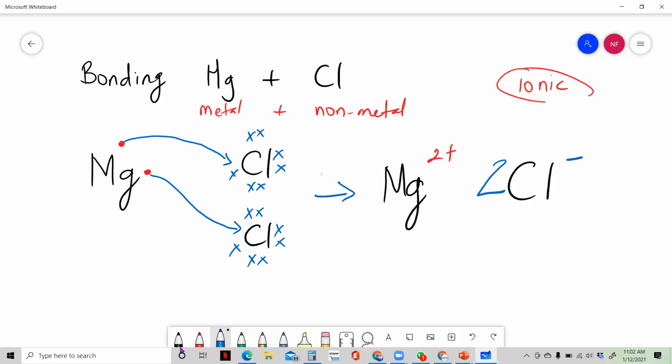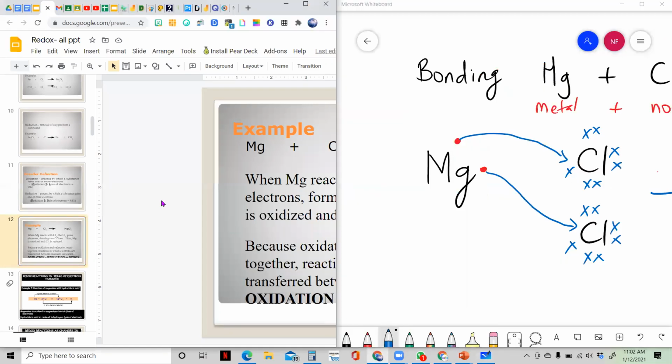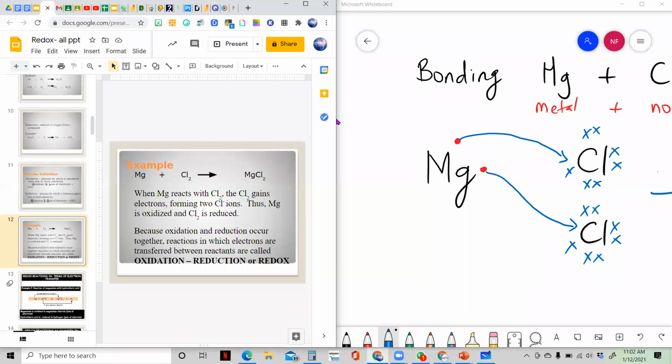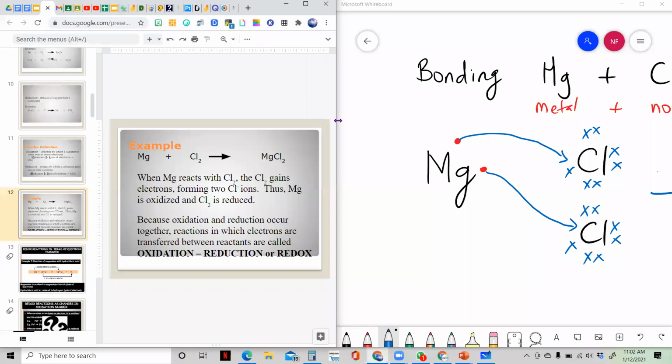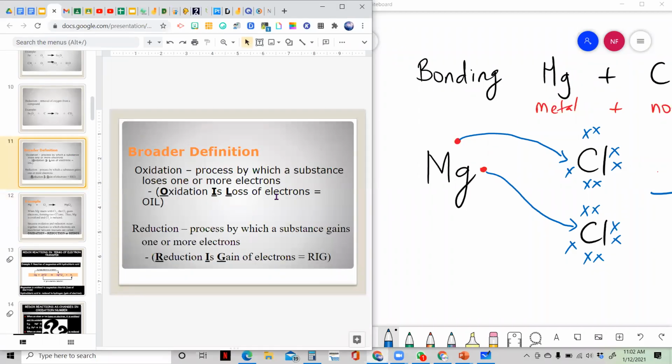So how do we tie that in now with our definition? Our definition says that oxidation is loss of electrons and reduction is gain of electrons.